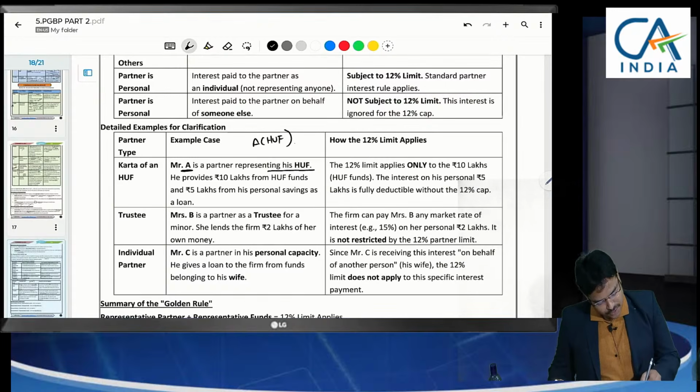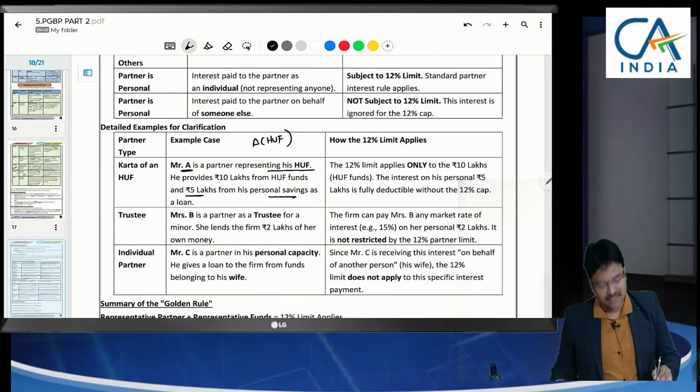Now, if Mr. A gives 5 lakhs from his personal savings, does the limit of 12% attract on this 5 lakhs?